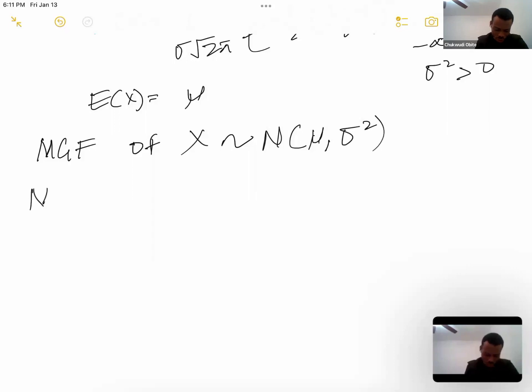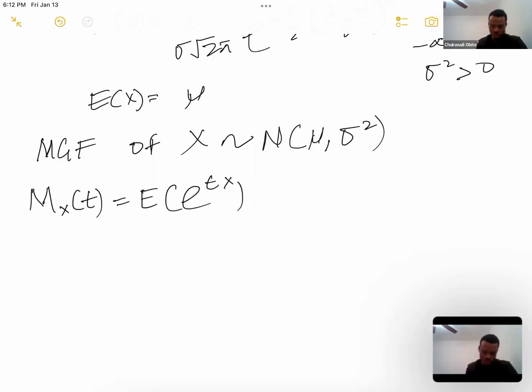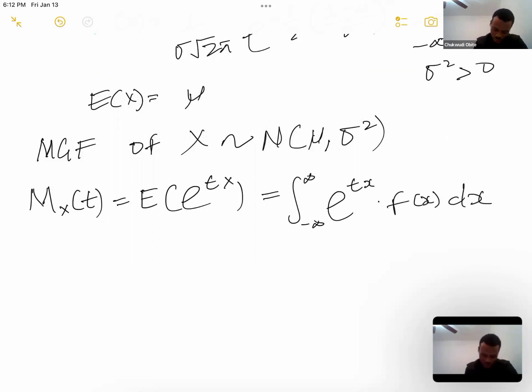We use this notation to represent the MGF, and it is equal to the expected value of e^(tx). This is equal to the integral from minus infinity to infinity of e^(tx) times f of x dx. So what is the f of x?